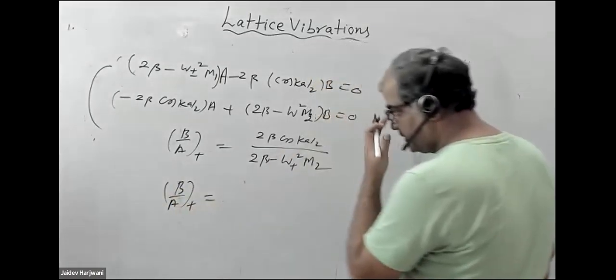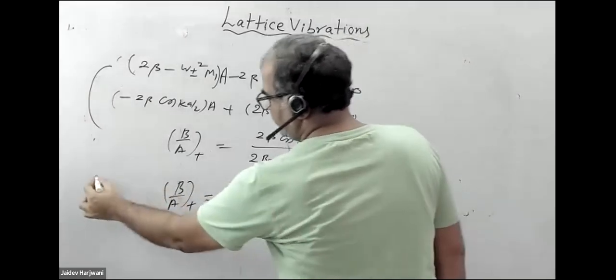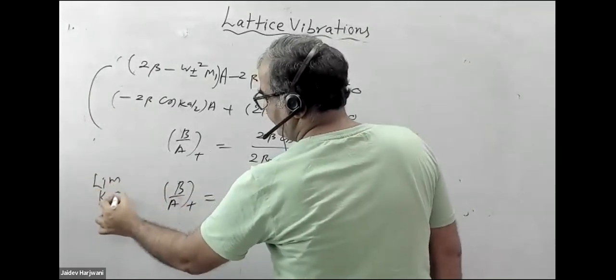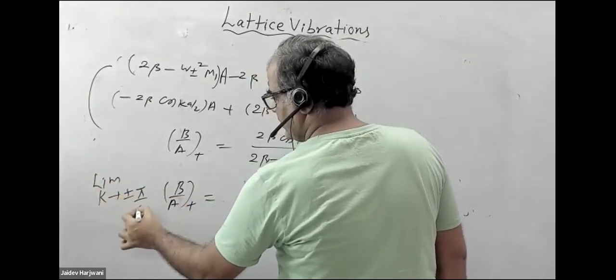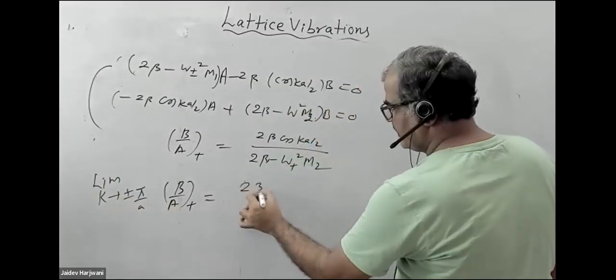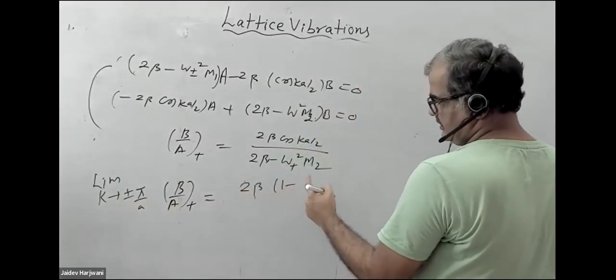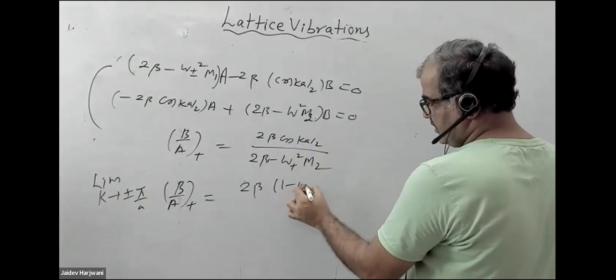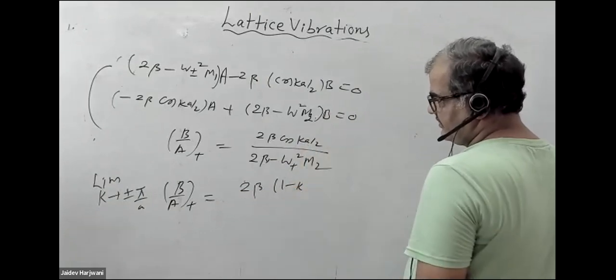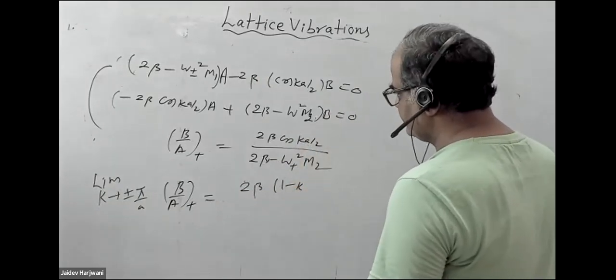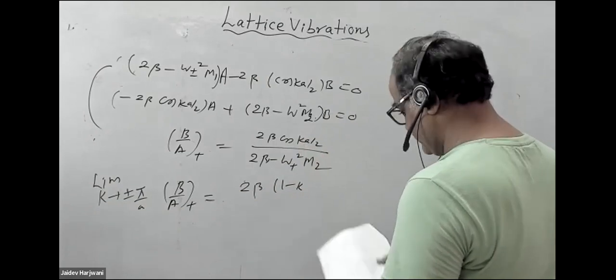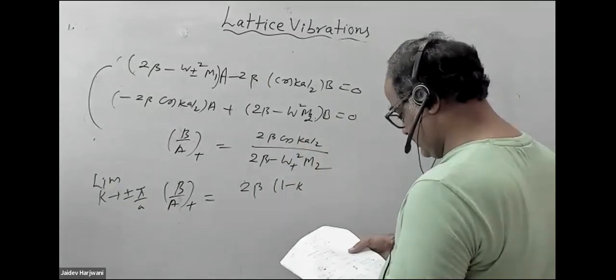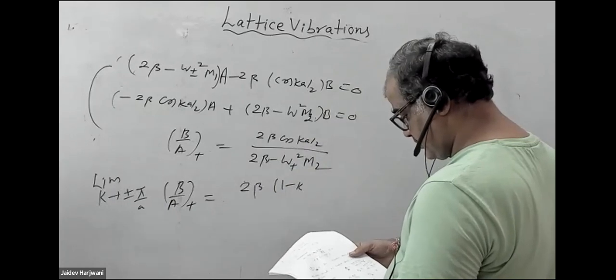Okay, so now when k tends to pi by a, this becomes 2 beta 1 minus k square, what will become this one? What can I write for this one? Pi by 2, okay, upon 4. Just 1 minute. One.